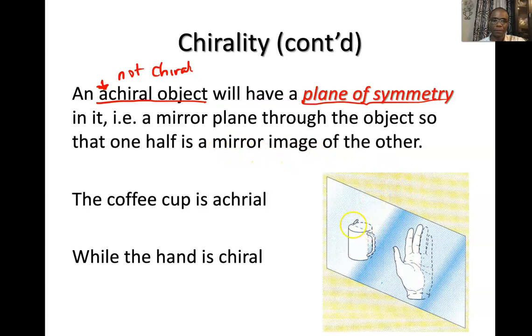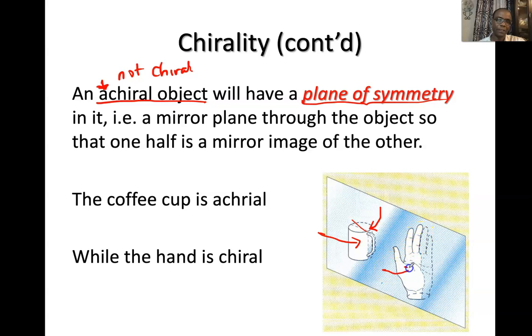Just like a cup can be cut into equal halves, which means if this side is the original, then the mirror image is the same as the original. Your hand, on the other hand, cannot be cut into equal halves.